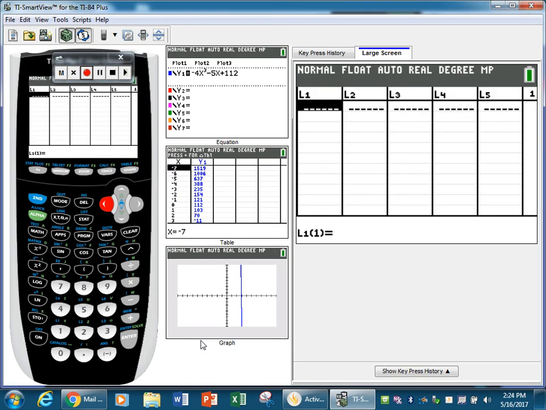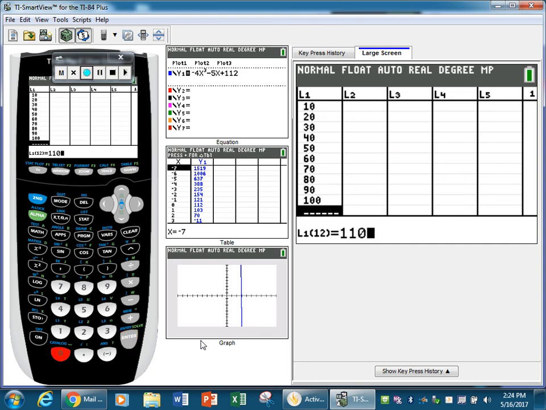We're going to do 0, 10, 20, 30, 40, 50, 60, 70, 80, 90, 100, and then 110. It's my L1, that was my X, and now I'm going to do my L2s.